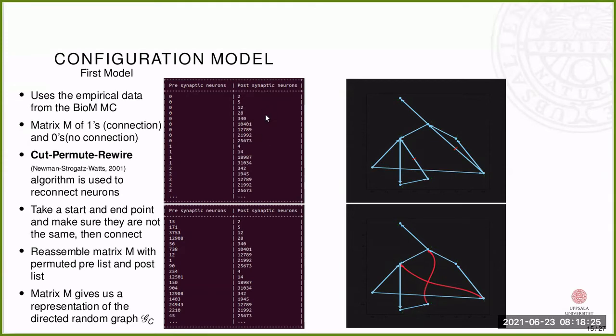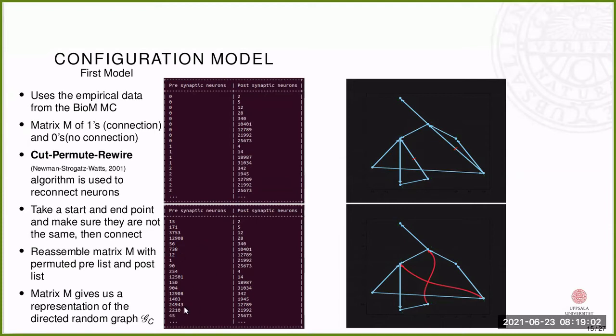And to perform the cut, permute, rewire algorithm, what we did was to keep the postsynaptic neuron list static, and then we wanted to rearrange this presynaptic list in some form. So we get something like this list down here. And for each neuron pairing, when we take a start point and an end point, we wanted to make sure that when these two are connected, they are not the same vertex.